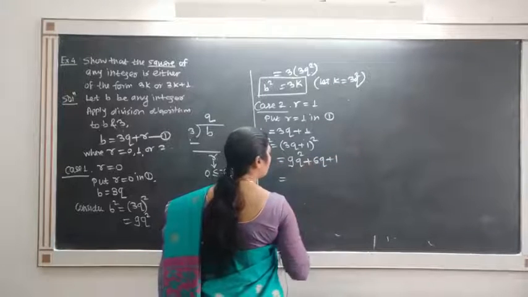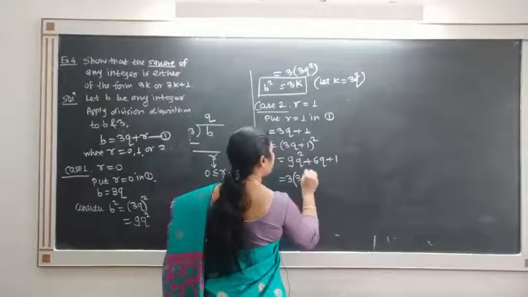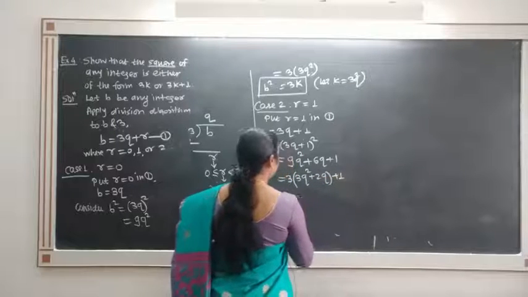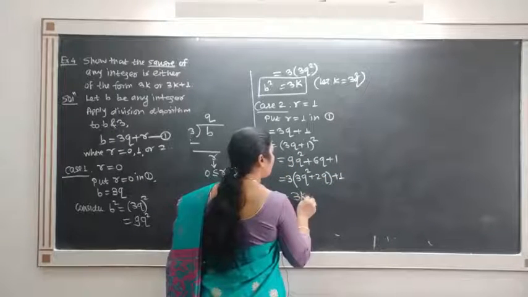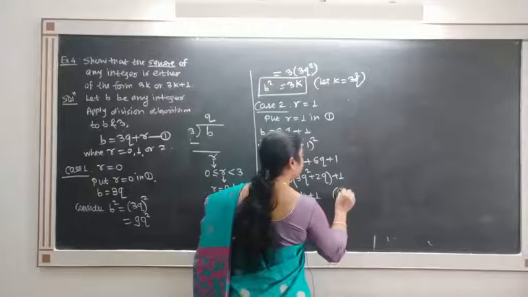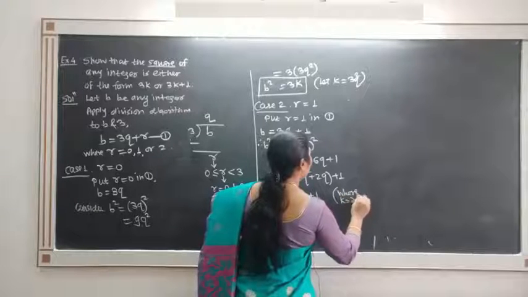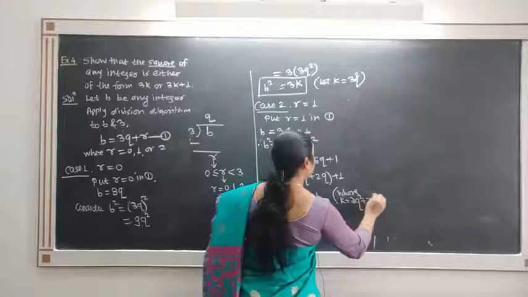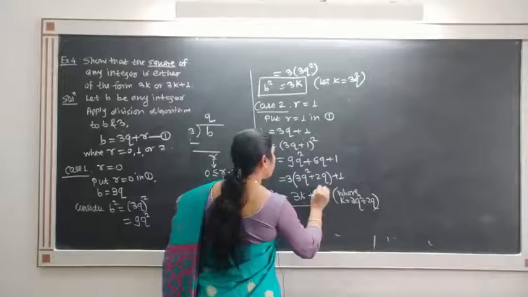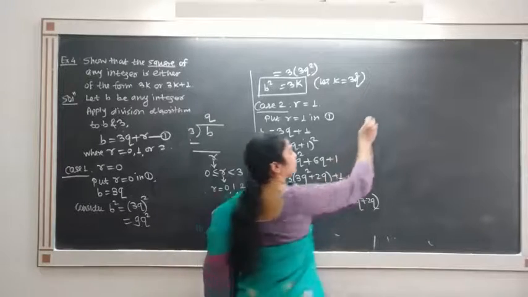From the first two terms, I will take 3 common. It becomes 3(3q square plus 2q) plus 1. It is nothing but 3k plus 1, where k is 3q square plus 2q, some integer. And therefore observe that in this case b square comes to be of the form 3k plus 1.